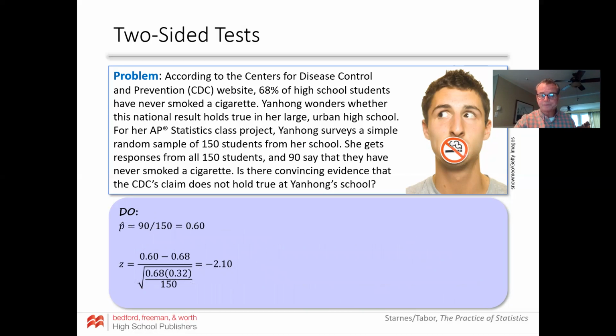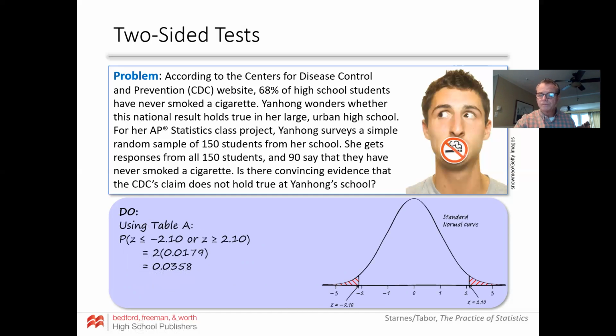What's p hat? P hat is the statistic. So you are at 0.60. How far is the statistic from the null? And the step is based on the null. So you get this z-score. Except what happens? The calculator does this for you.